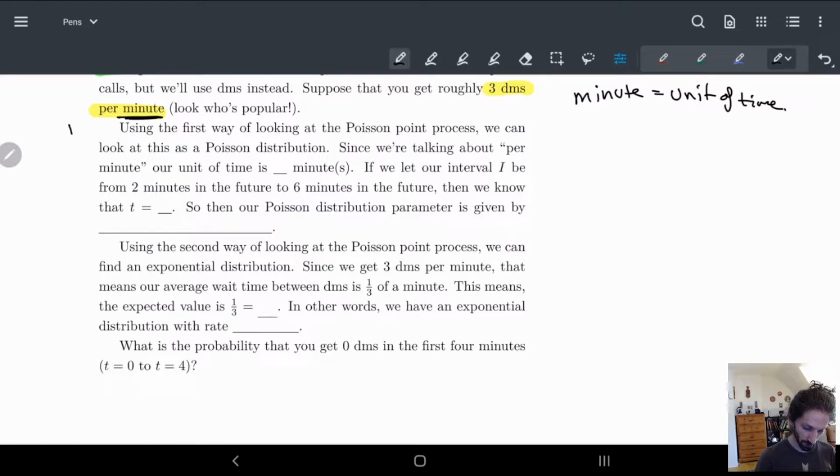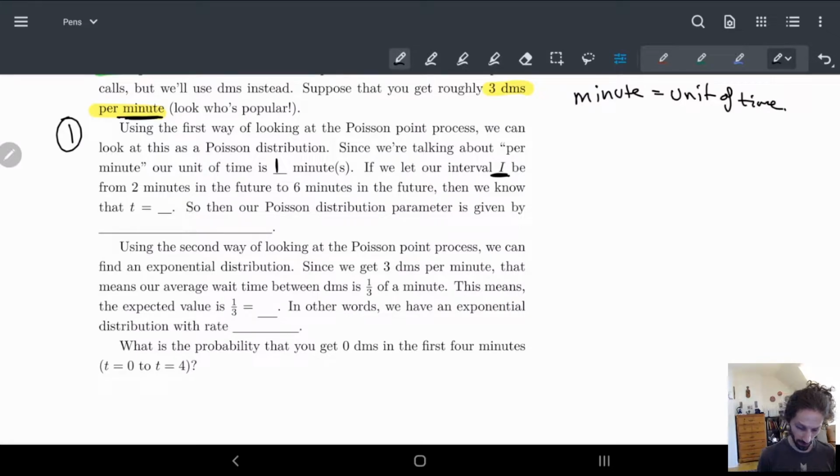So the first way was Poisson. We basically want to know, in some interval of time, how many DMs do I get? That's basically it. Since we're talking about per unit as our measure, our unit of time is just 1 minute, and I is going to be some number of minutes.